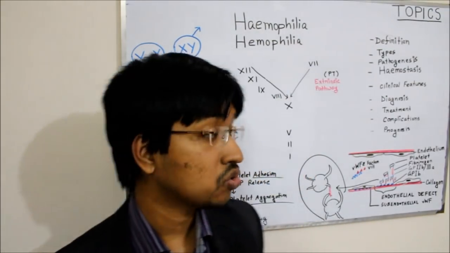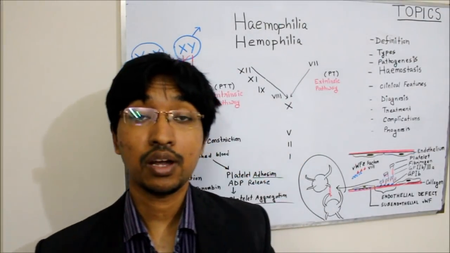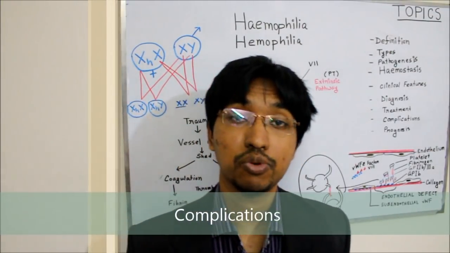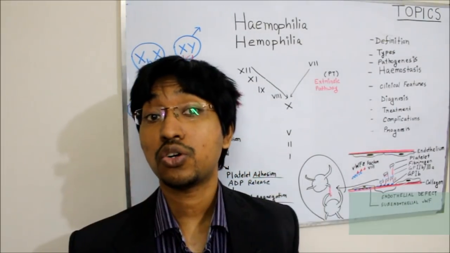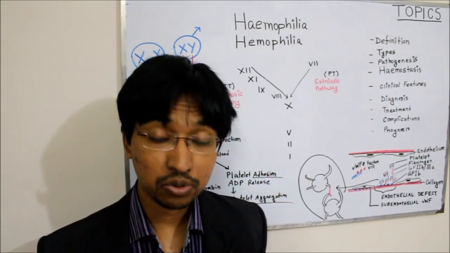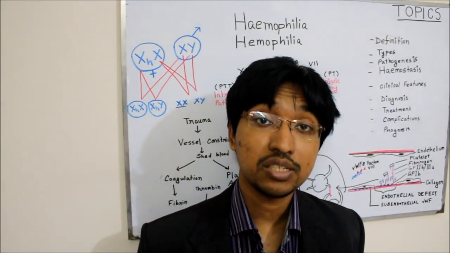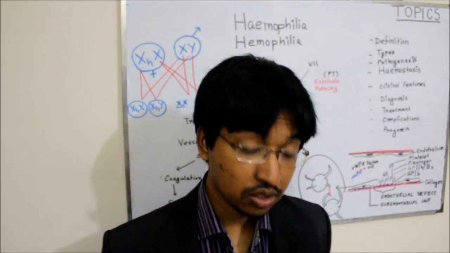And now we will move on to the next point, and that is the complications of an untreated case of hemophilia. Now remember, if hemophilia is not treated, then it can cause a lot of problems. Say for example, bleeding in the joint will result in joint damage.